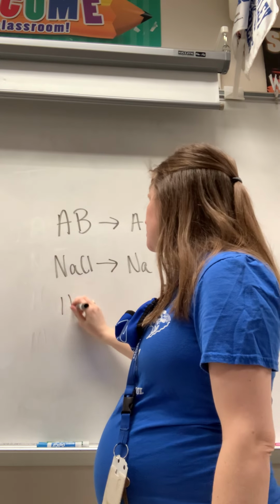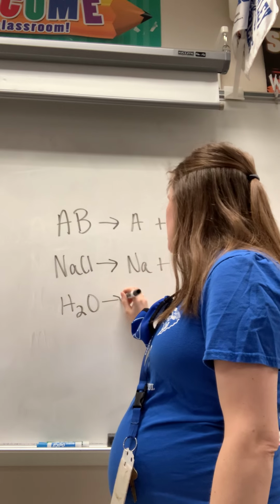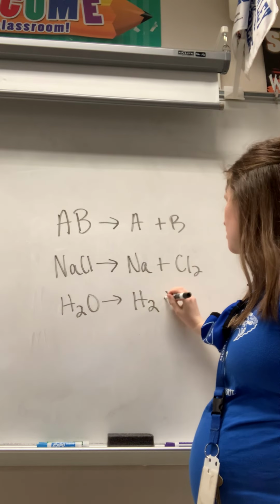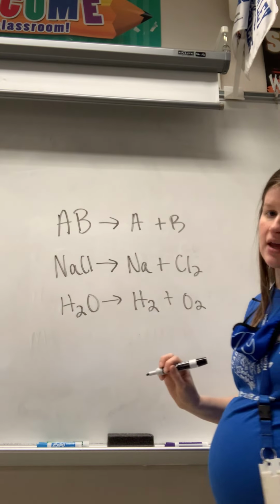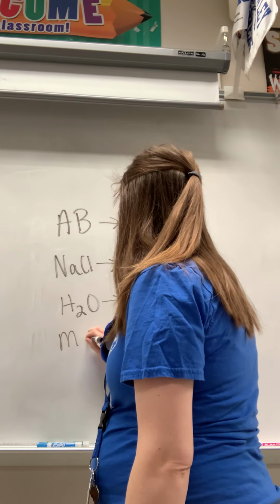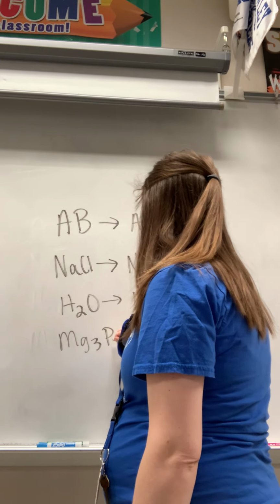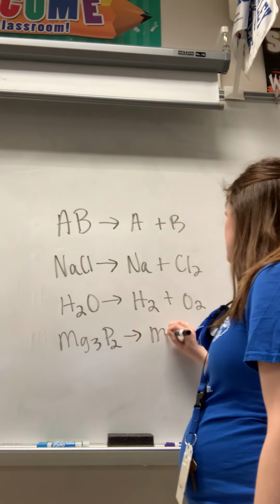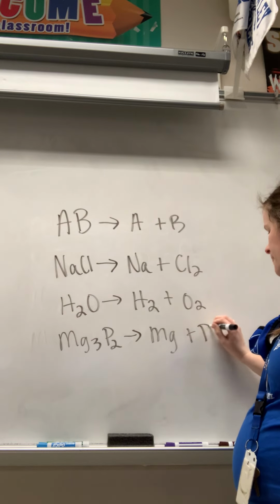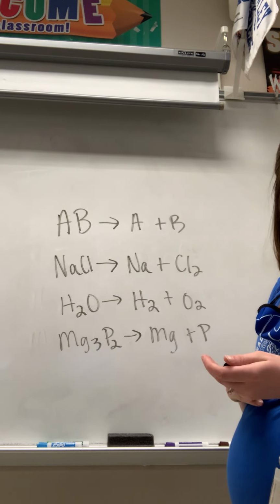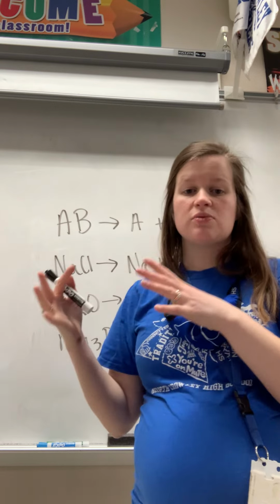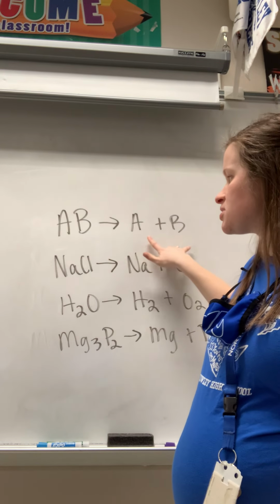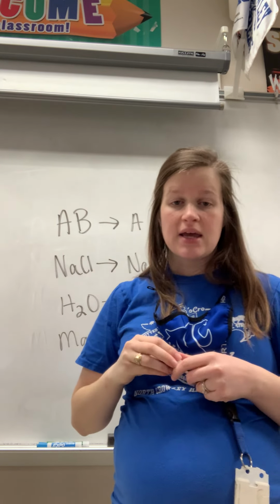Water can break down into hydrogen gas and oxygen gas. And magnesium phosphide can break down into magnesium and phosphorus. And so that's a decomposition reaction. So it's just breaking apart. I'm taking one thing and it breaks apart into its smaller pieces.